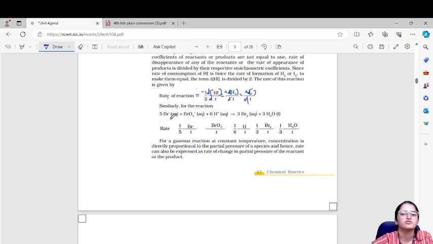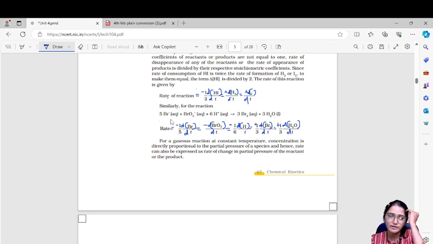Similarly, for this reaction we will see 5Br minus plus BrO3 minus plus 6H plus gives 3Br2 plus 3H2O. So the rate will be given by, since this is a reactant and 5 is the coefficient, 1 by 5, and since it is a reactant, it will be a minus sign, d[Br-]/dt, which is also equal to, this is also a reactant which has no coefficient, so we can write minus d[BrO3-]/dt, which is also equal to, 6H plus is on the reactant side, so minus 1 by 6 d[H+]/dt, and this is the product side, so plus 1 by 3 d[Br2]/dt, which is equal to, this is product side, so plus 1 by 3 d[H2O]/dt.